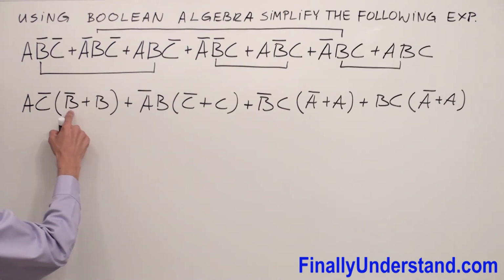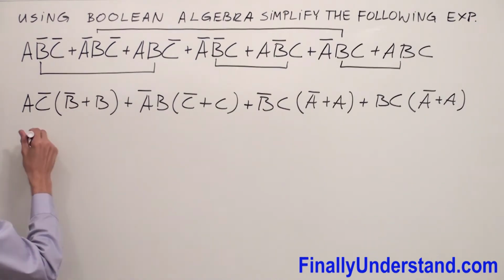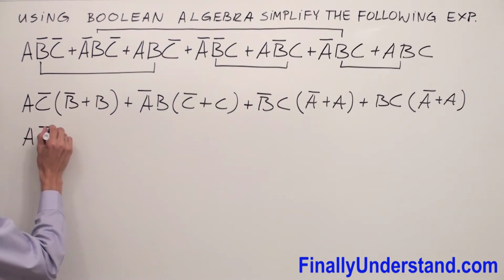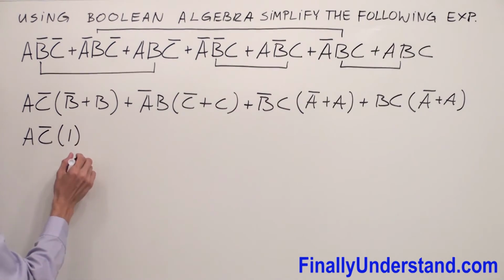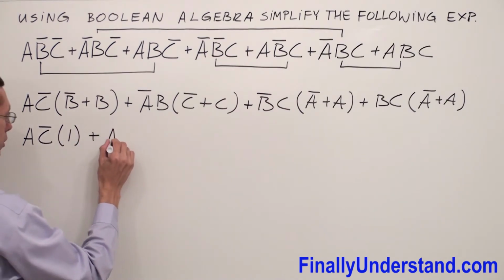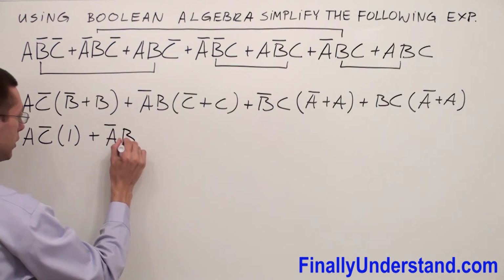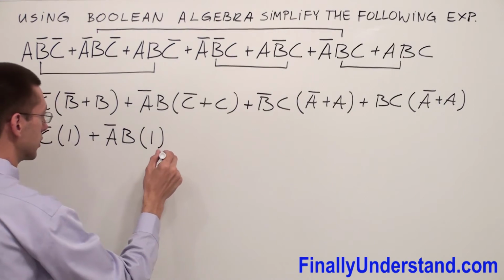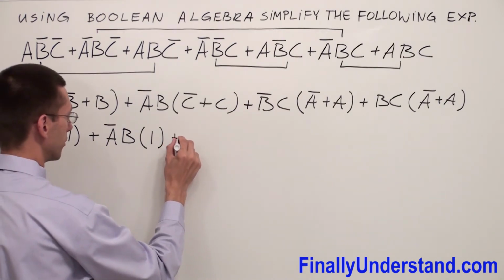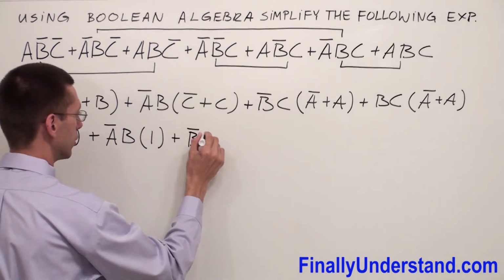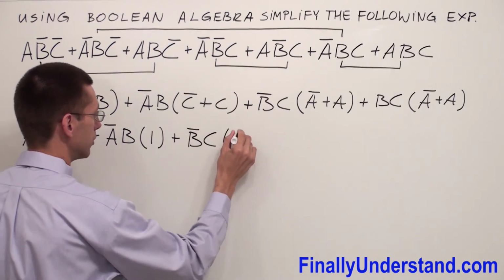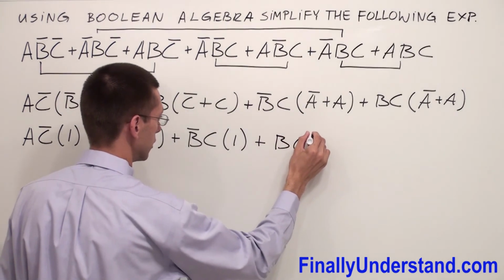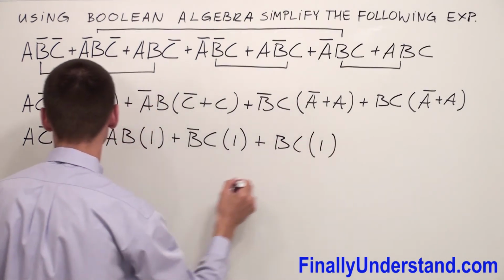Remember, two complements ORed together are going to give me always 1. That's why I'm going to have a c naught and 1, or a naught b and 1. Remember that multiplication is nothing else, just AND, or b naught c and 1, or bc and 1.